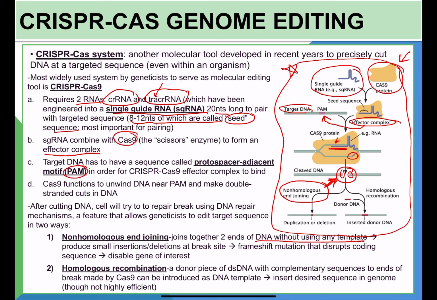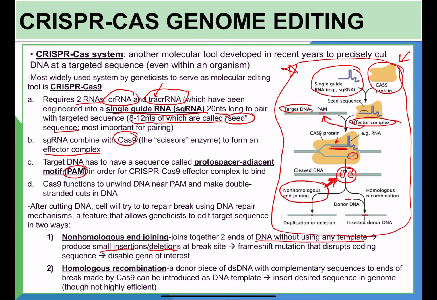Now, because you're not using a DNA template as guidance in this type of DNA repair, the short name for it is NHEJ. And when you're doing this type of repair without template DNA, you can produce small insertions or deletions at the break site, okay?